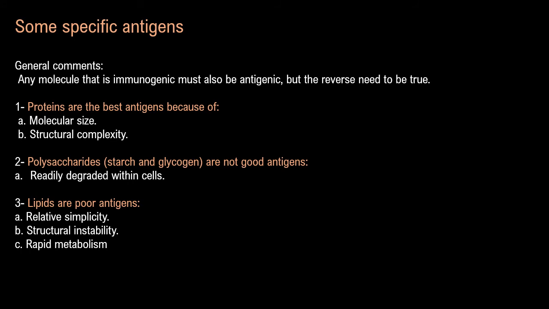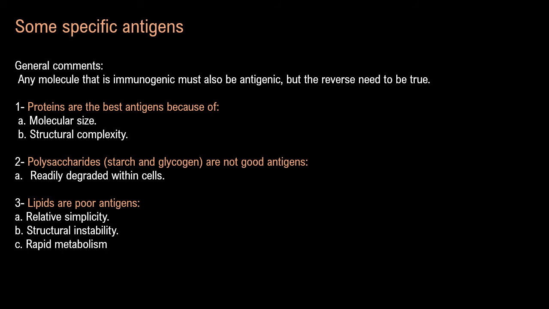The first is that proteins are the best antigens because of their molecular size and structural complexity. Second, polysaccharides like starch and glycogen are not good antigens because they are readily degraded within cells. Next, lipids are poor antigens. Why? Because of relative simplicity, structural instability, and rapid metabolism.